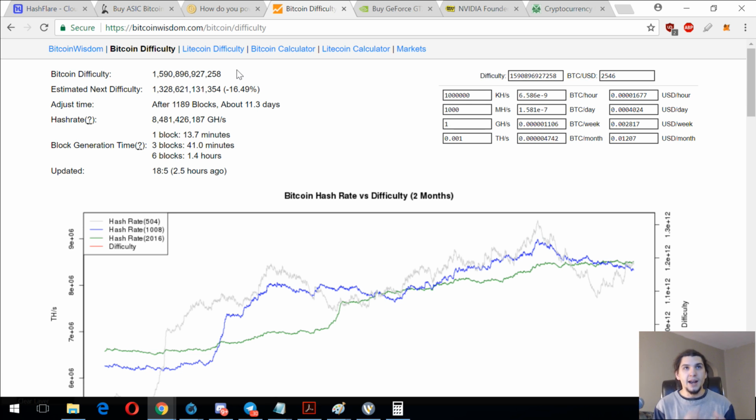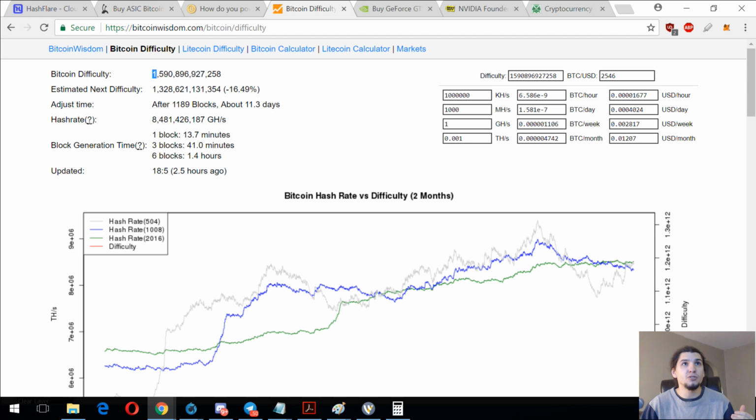Anytime that blocks are being mined faster than 10 minutes, the mining difficulty will get increased in order to slow down block generation. And anytime, like right now, where a block is taking an average of 13.7 minutes, 3 blocks taking 41 minutes, so it's above 10 minutes per block, that's when we can expect the difficulty will go down.